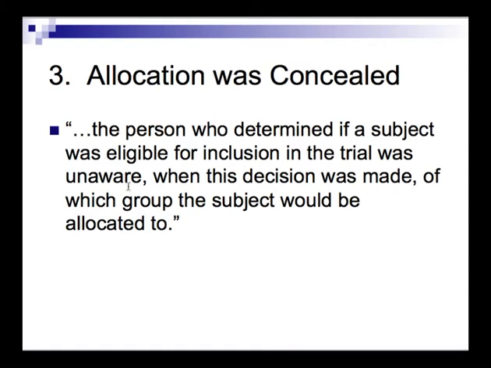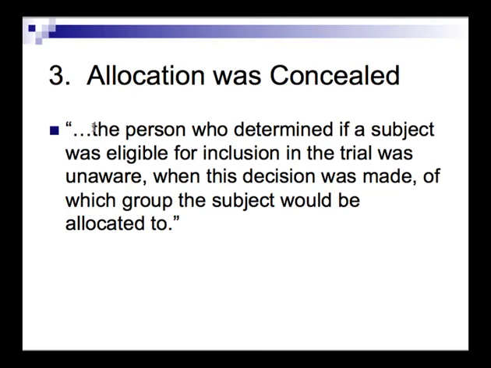The third criteria has to do with allocation, and so how the patients were assigned to the groups. And something called allocation was concealed. So this is not as obvious, and we'll go through why it's here, and then discuss it as we move along.